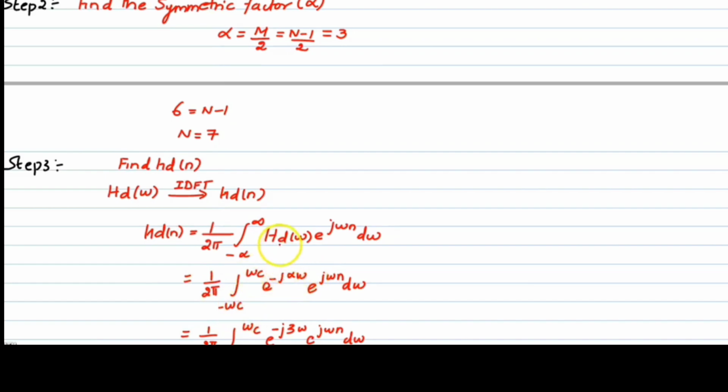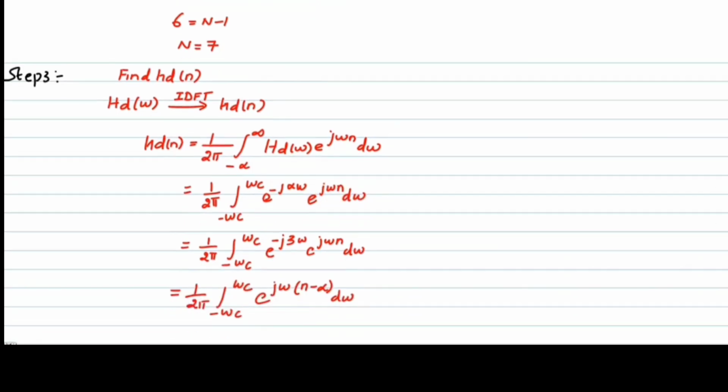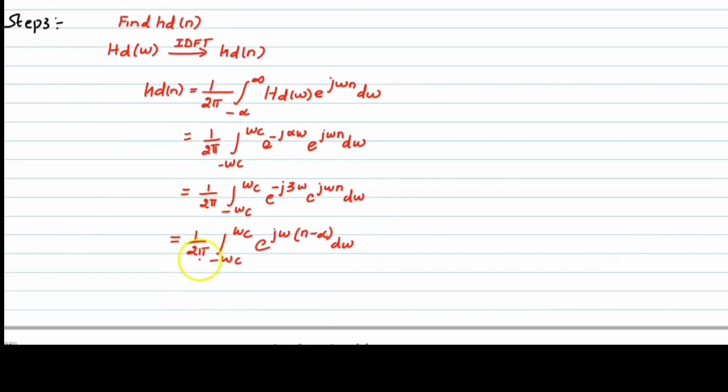So that is what they have given in the diagram. HD of n is equal to 1 divided by 2 pi, integral of minus omega c to omega c, e power j omega into n minus alpha into d omega.